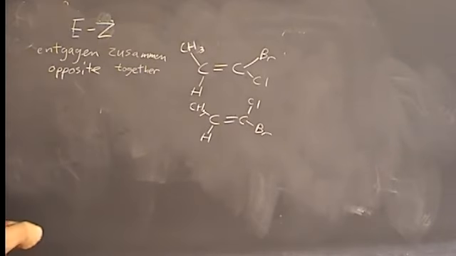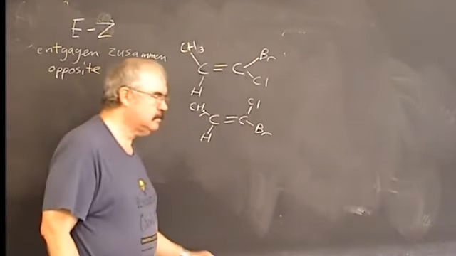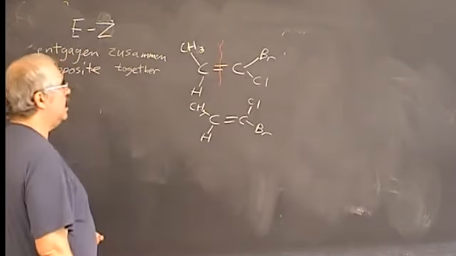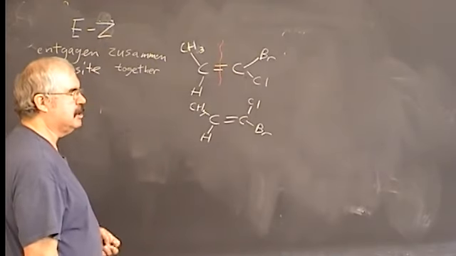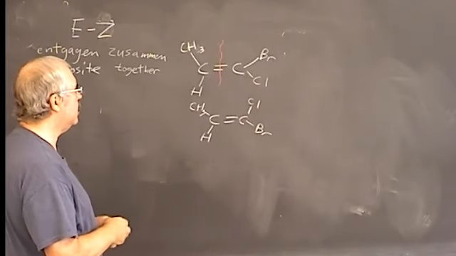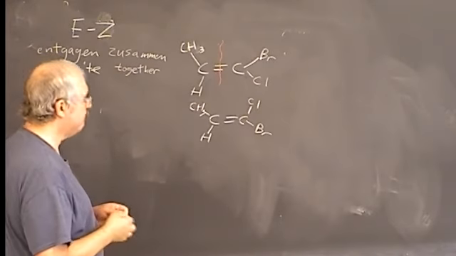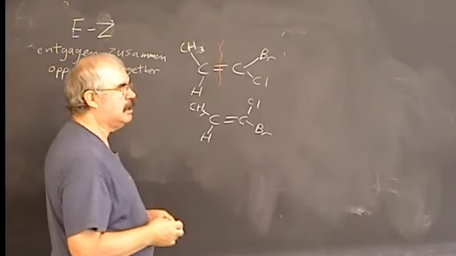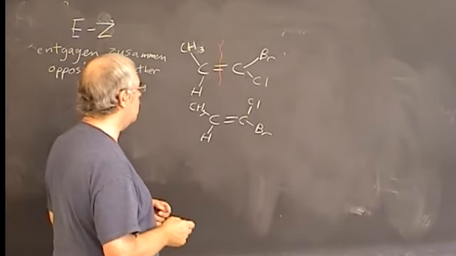So what we do is compare the two substituents that are on each carbon of the double bond. We compare them separately, and we assign priorities based on atomic number.